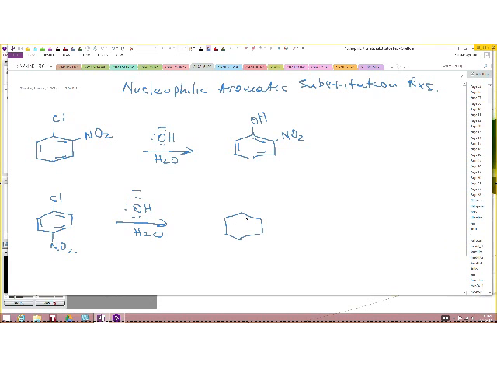You can say this is a very limited reaction, but this is a very useful reaction. So what is the mechanism for this reaction?